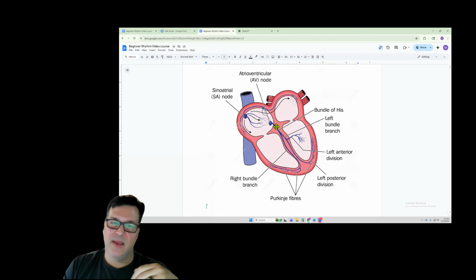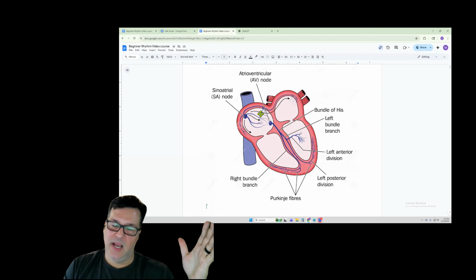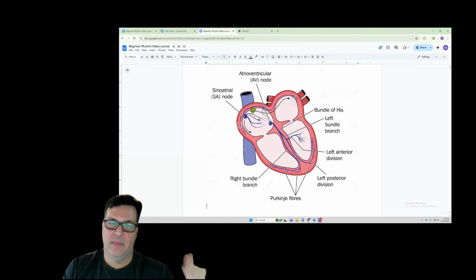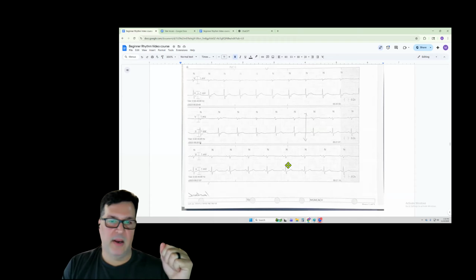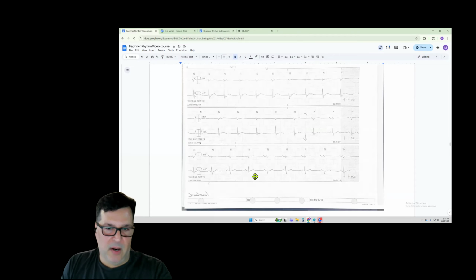Because it's going up to the atrial chamber, away from the positive, and remember your triangle, the positive is down here, it's going away from the positive, so you're going to have a negative P wave. If we look over here, let's go to the bottom part of the strip. You see how it's nice and positive down there?